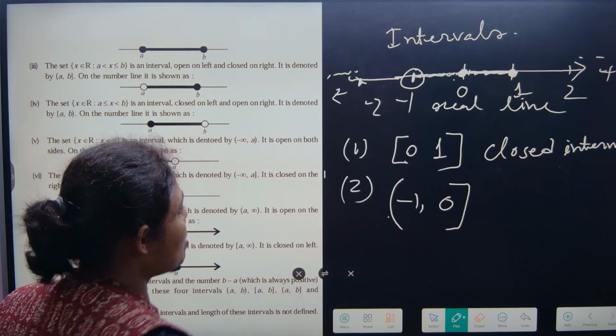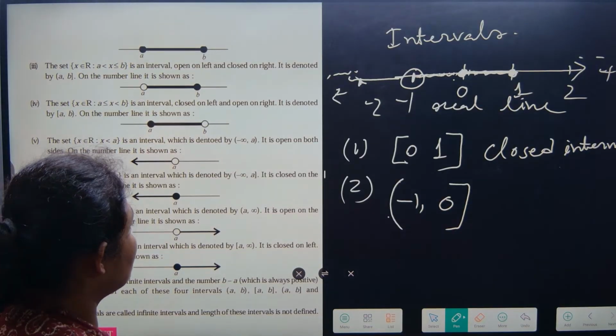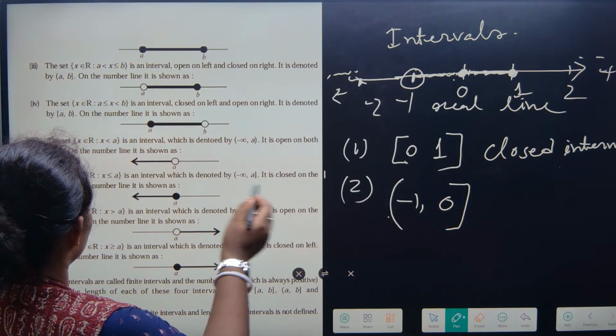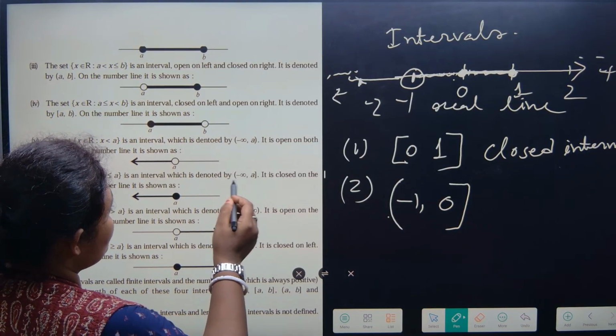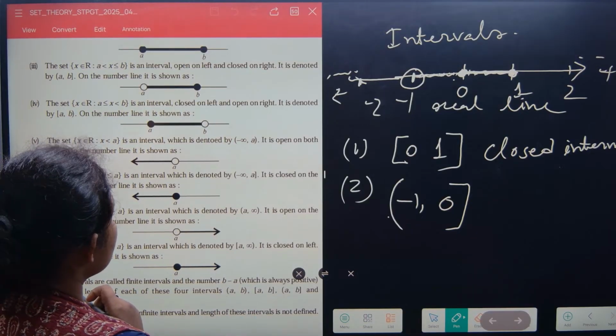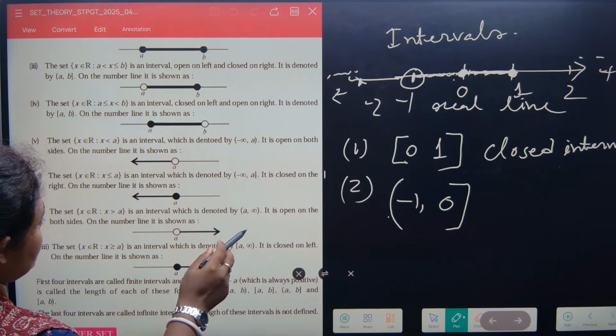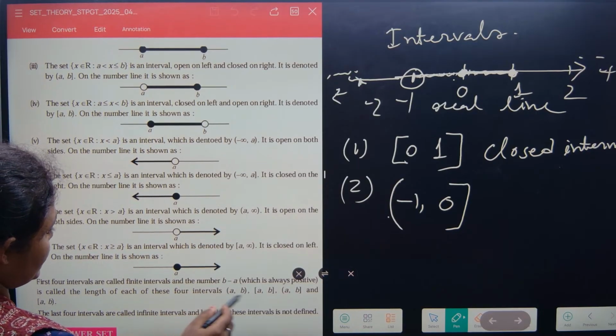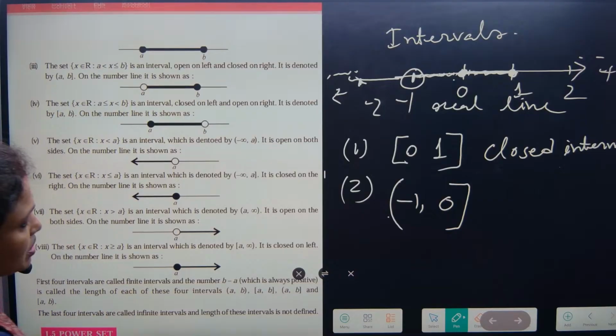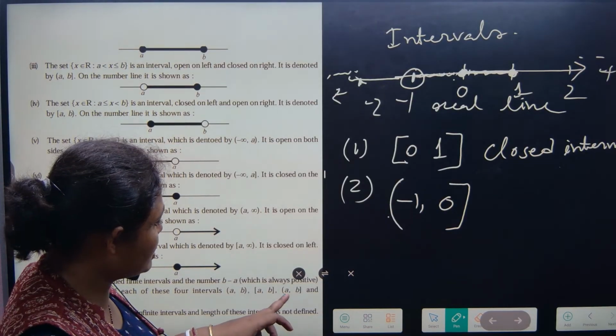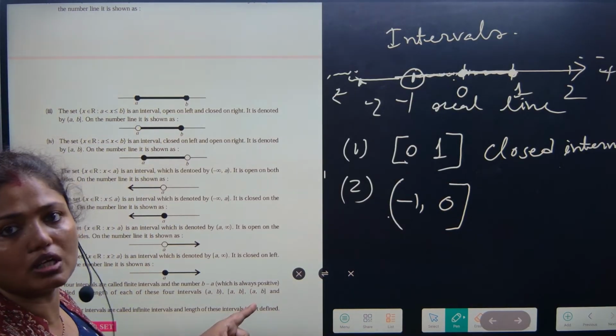This is called open-close. Similarly, a to b, where a is not included but b is included.